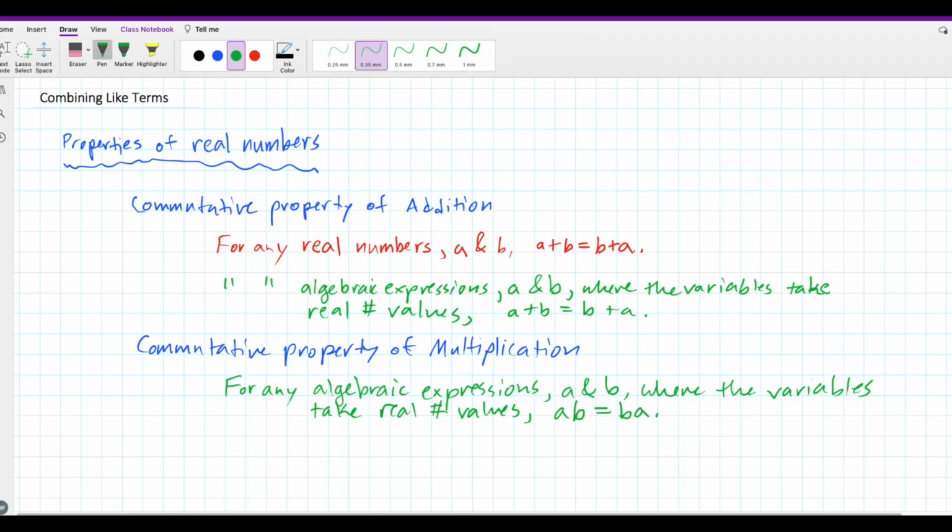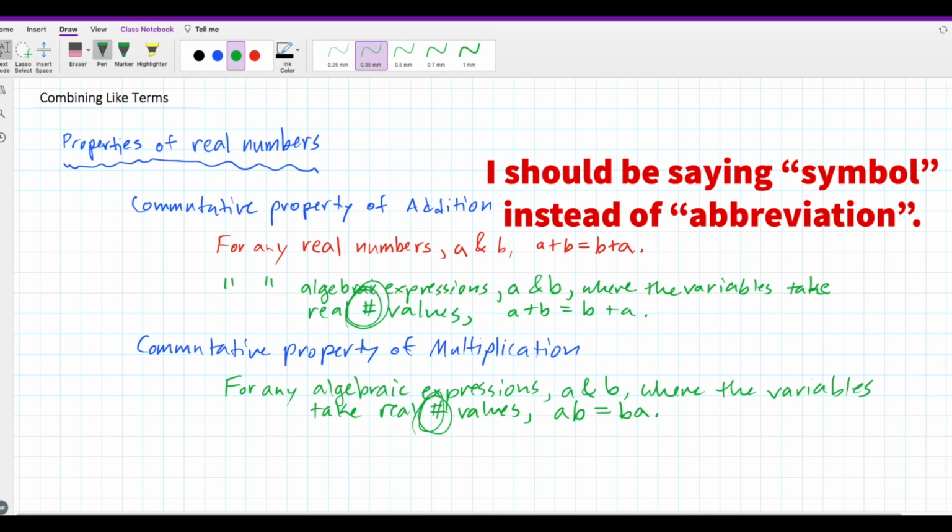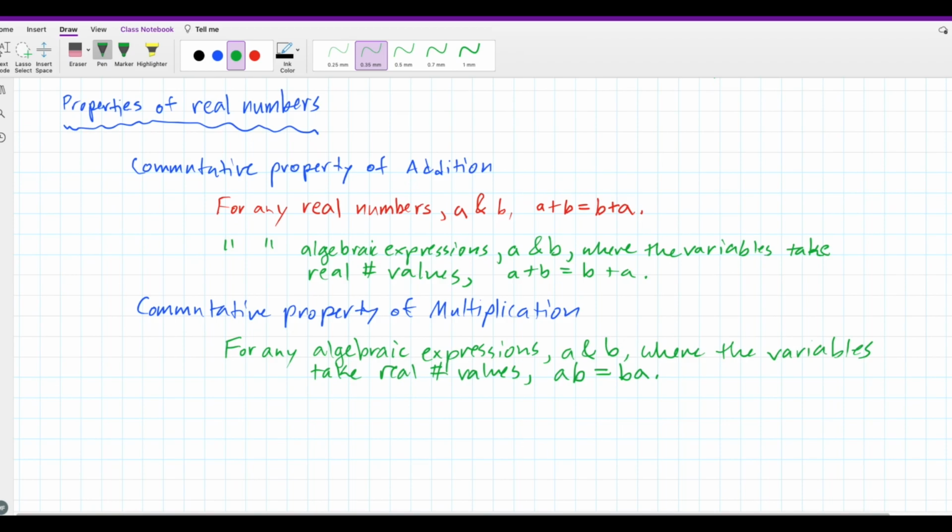So just keep that in mind. One other note about abbreviations, notice over here and here, I did use an abbreviation for the word number. It's a pretty common abbreviation, but there are some people that might not be aware of that, so it doesn't hurt to talk about it.